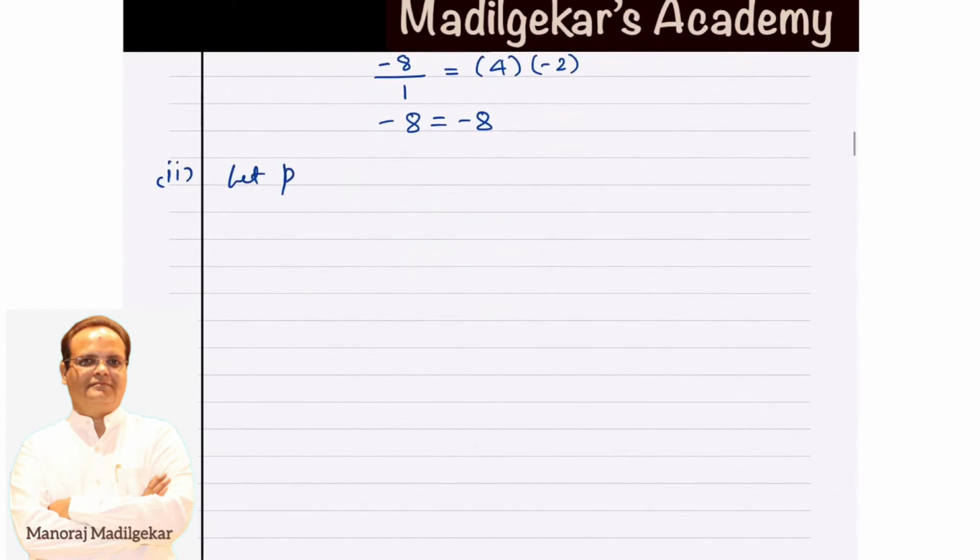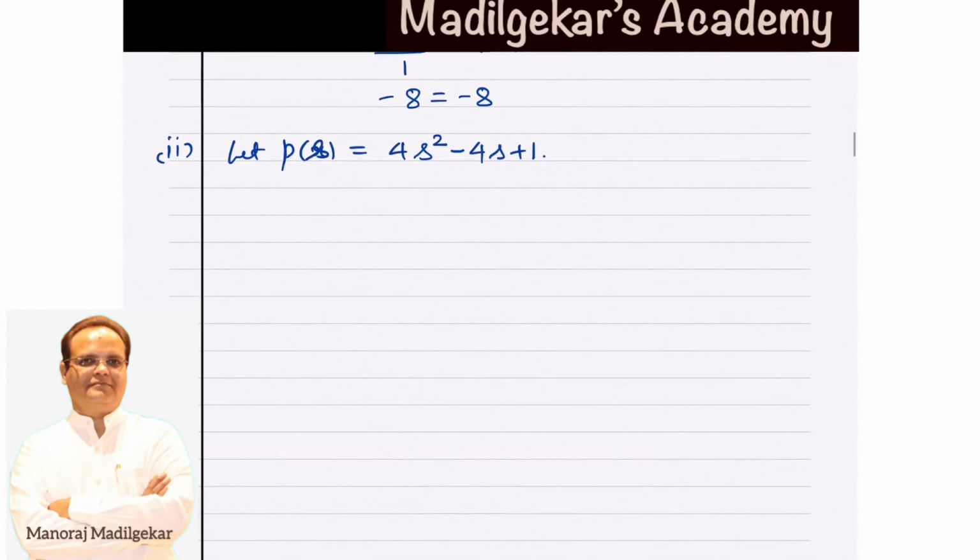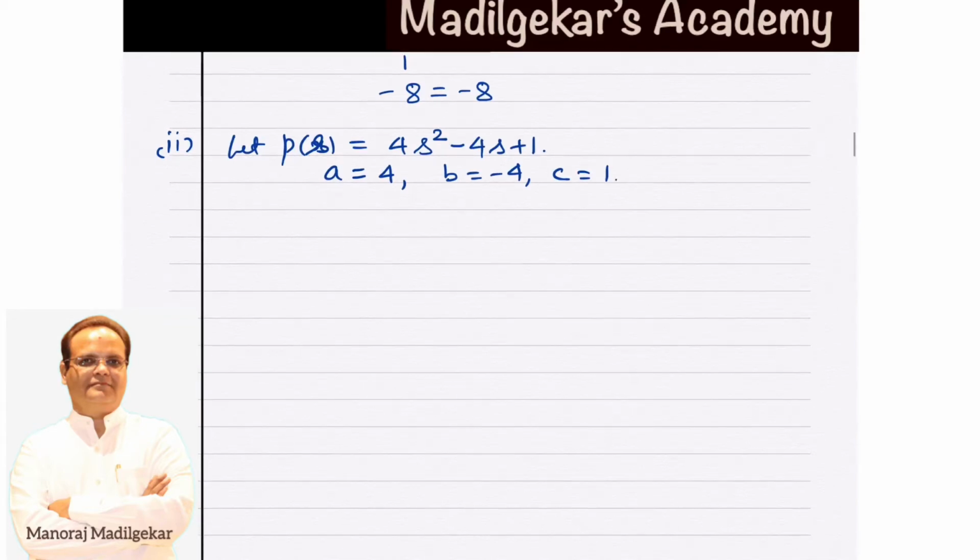Let p of s equal to 4s square minus 4s plus 1. Here the variable is s. So here the coefficients are 4, minus 4 and 1. Let's factorize it. p of s equals to 4s square minus 4s plus 1.